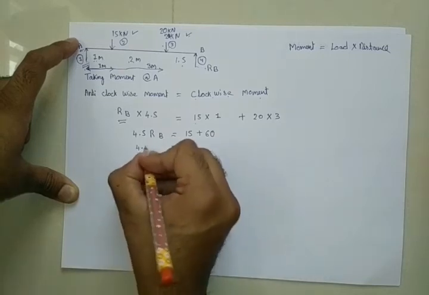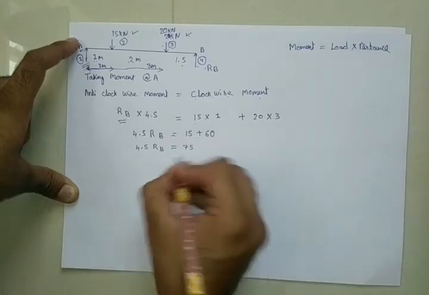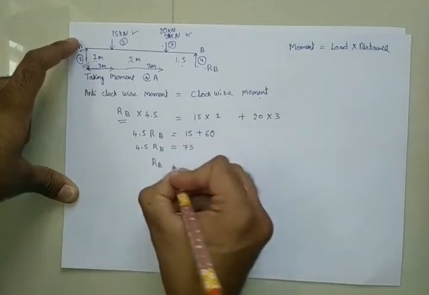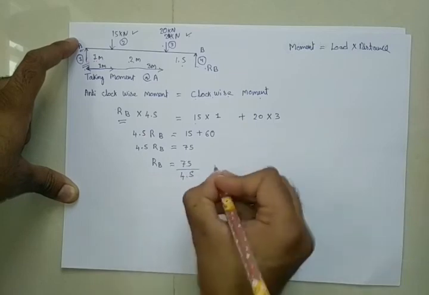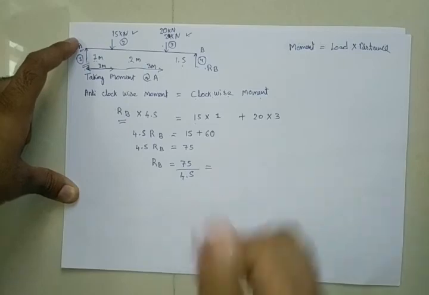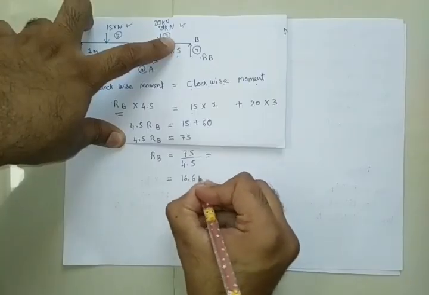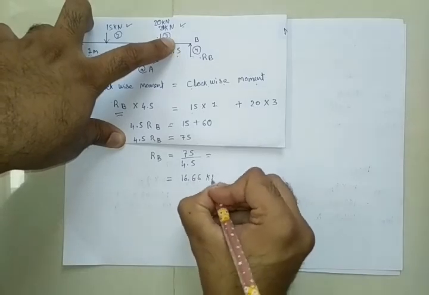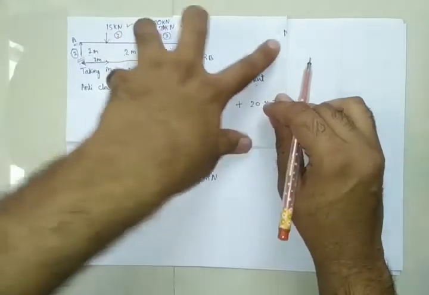So 4.5 RB is equal to 75. Then RB is equal to 75 upon 4.5. Just calculate the answer. Your answer is 16.66 kilonewton.